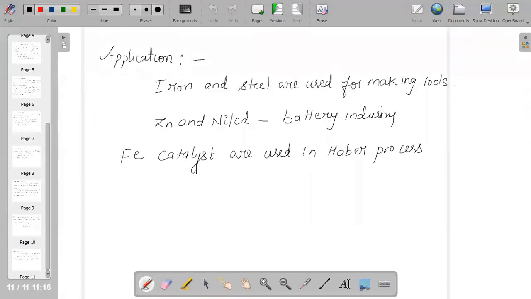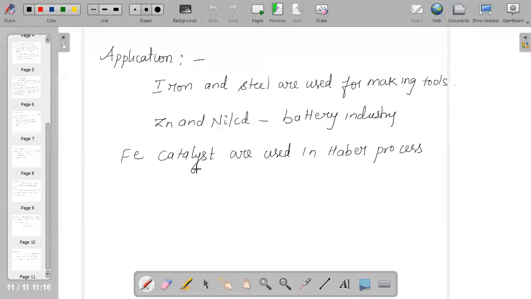Zinc, nickel and cadmium are used in the battery industry. Vanadium pentaoxide, V2O5, is used as a catalyst in the oxidation of sulfur dioxide in the manufacture of sulfuric acid. There are many applications of d and f block elements.